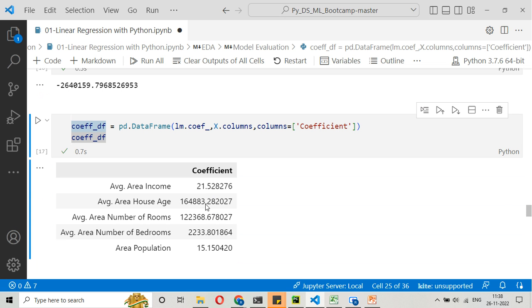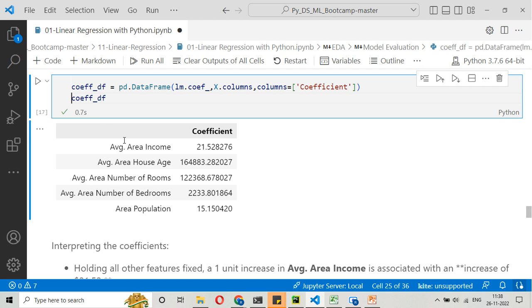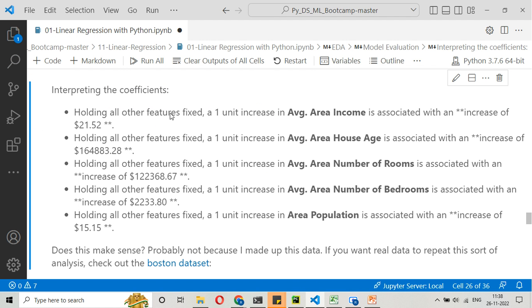In this case it is these five values. You can put these values, and based on some new data you can check also. And this is how you can read it. It is saying an average one increase in this gives an increase in price of $21. That is how you should interpret this coefficient.